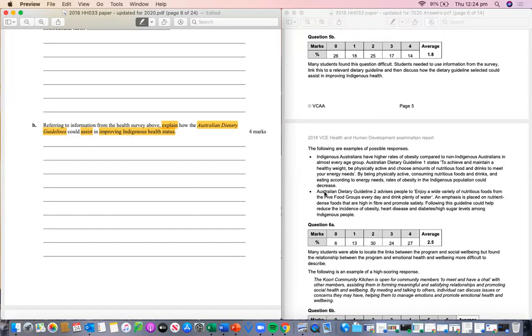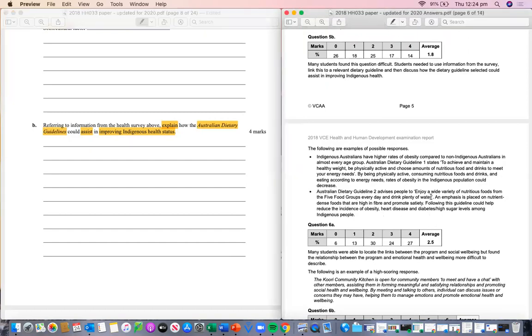So there's my mark here, looking at the Australian Dietary Guideline. Second mark: nutrient-dense food, high in fiber, satiety. And then looking at how it can reduce the incidence of obesity, heart disease, and diabetes among Indigenous people. 3 and 4, nice and simple.